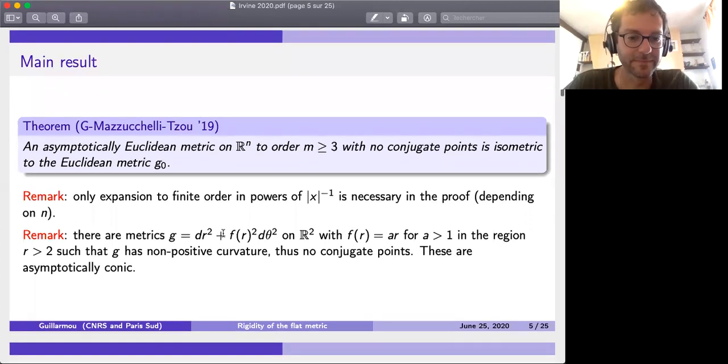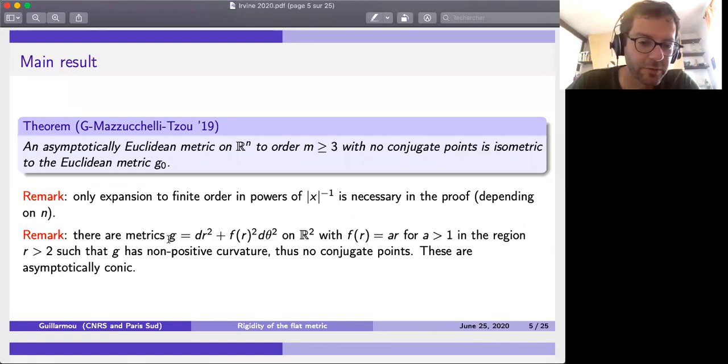Another remark is that it's sharp in some way, in the sense that it's not very hard to construct metrics on R^n which look asymptotically like some cones near infinity. When you write in polar coordinates, it can be written as dr squared plus f of r squared d theta squared. So they are warped product metrics. And you take f of r equal a times r for some a strictly bigger than 1 for r large.